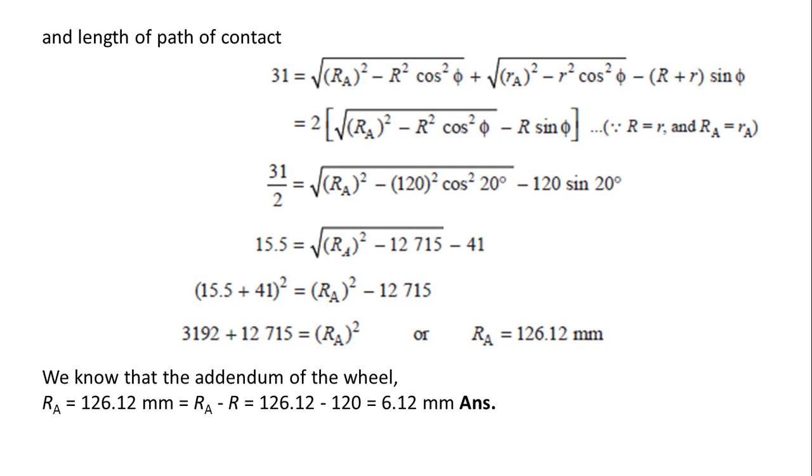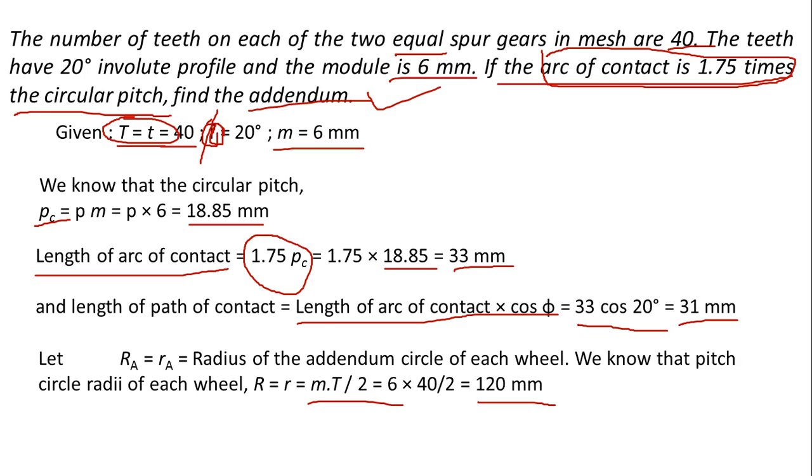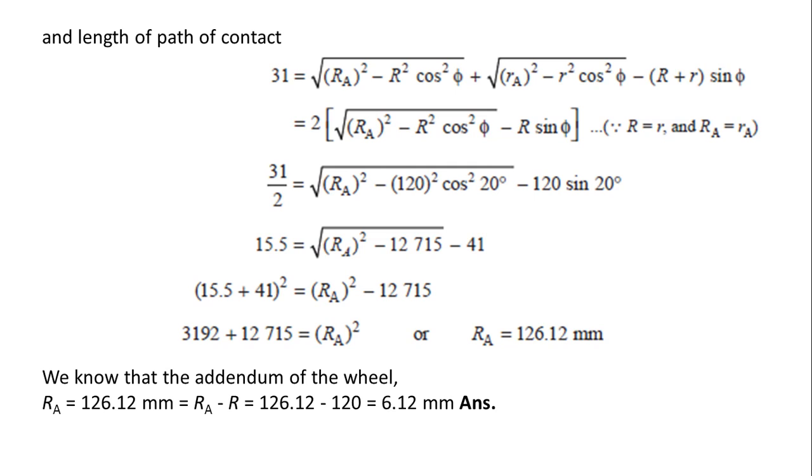Now substitute the values to find out the addendum, the radius of the addendum circle. So you know that length of path of contact is 31 mm, that is calculated now. So that is already known to you. Now that will be equal to root of RA square minus R square cos square phi. So entire thing you have put together, the formula for length of path of contact.